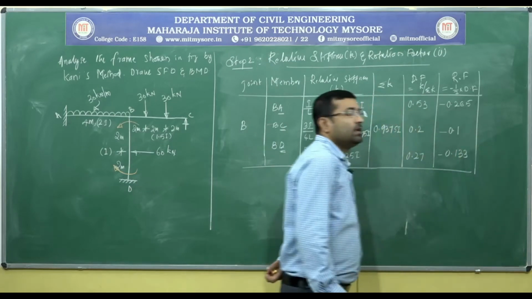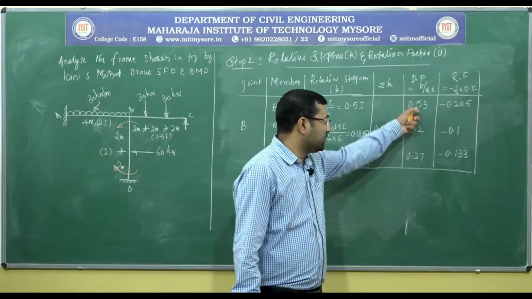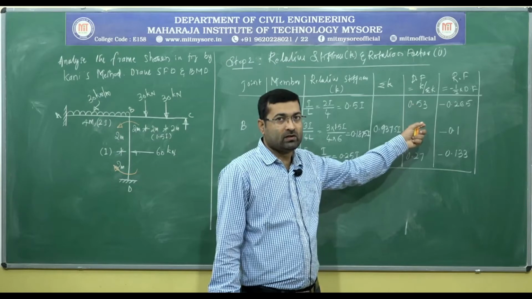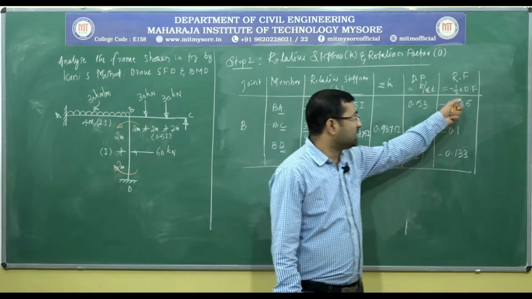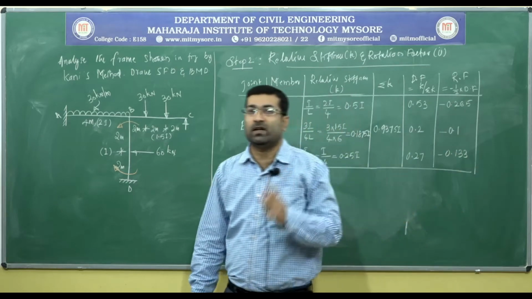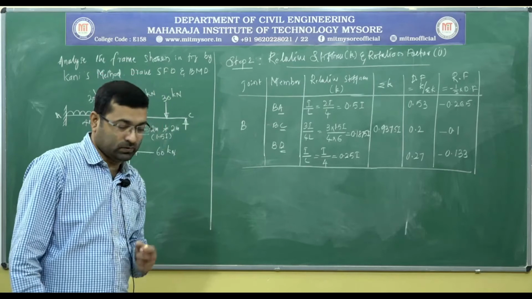Remember here one thing: the sum of the distribution factors at any joint must be 1, and the sum of the rotation factors at any joint must be minus 0.5. That is a cross check we need to do.